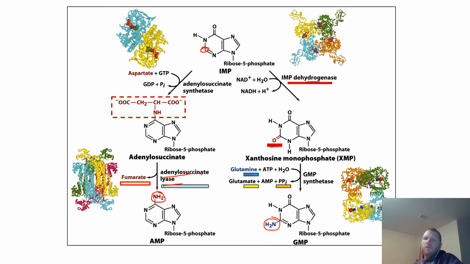But if you know where it's coming from, and by that I mean if you know that AMP and GMP are both originating from IMP, well, in one case what you're doing is adding an NH2 to the top of the ring, which would be, sorry, that would be carbon number 6, or you're adding it to carbon number 2. In the case of AMP, you're adding it to carbon number 6, and with GMP, you're adding it to carbon number 2. So whenever you understand that, it makes it a little bit easier to process.